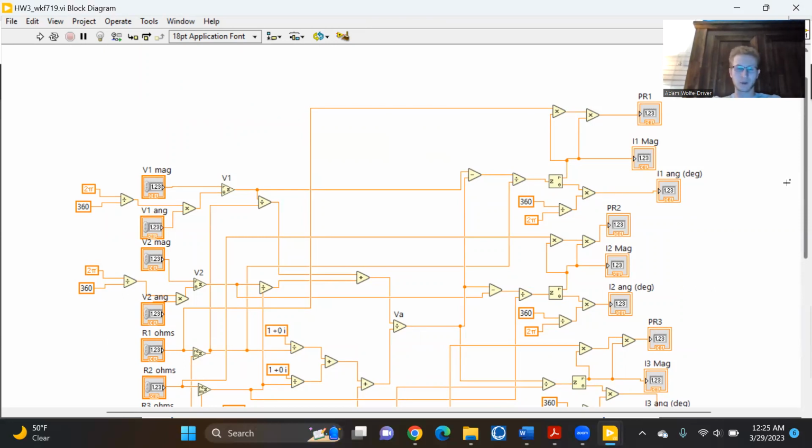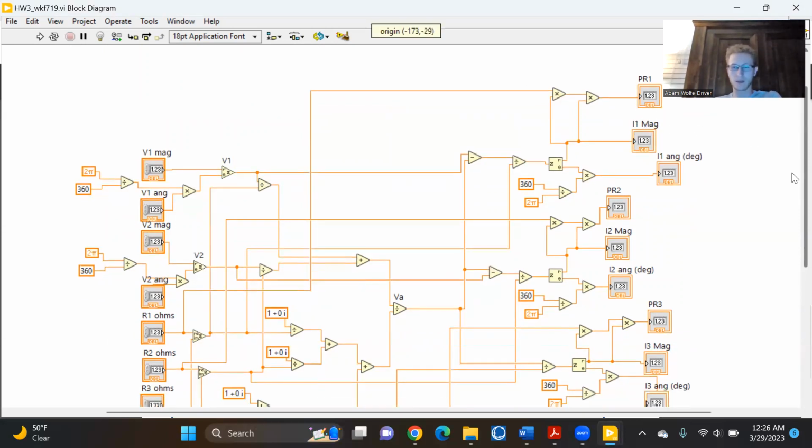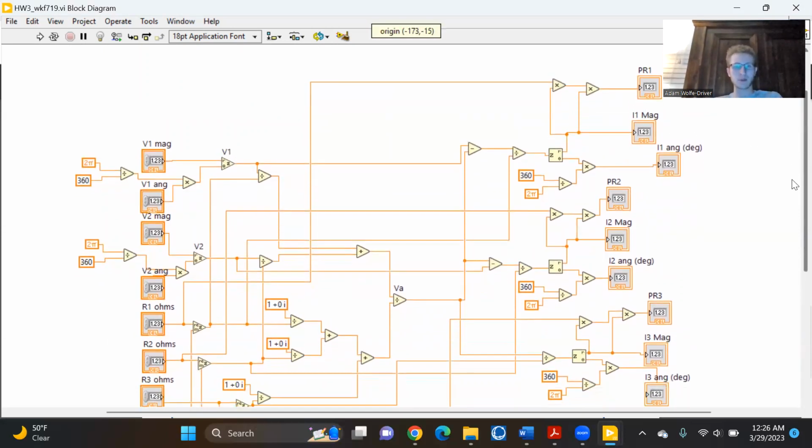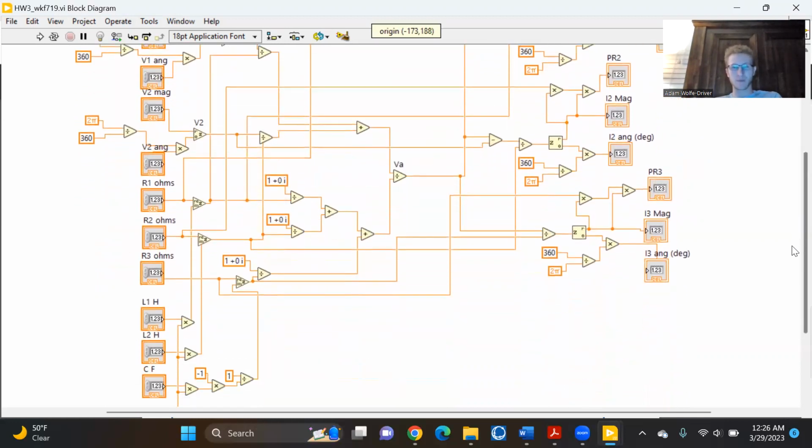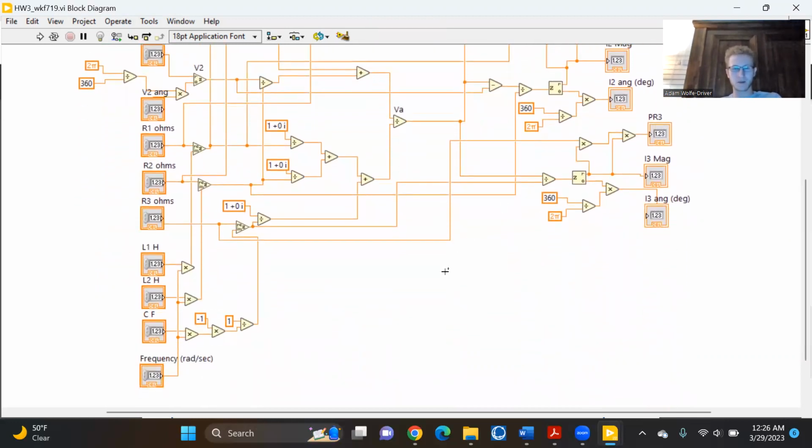So we can see right here, you have I1 times R1, so that's the voltage, and that's just I squared times R. That's a power right there, and it's only the real part. You don't use the phase angle because we're just talking about resistors. And that's it.